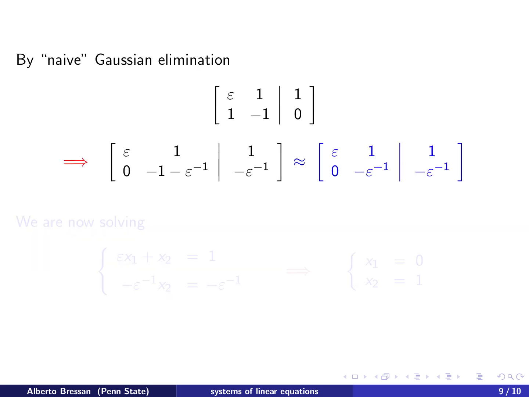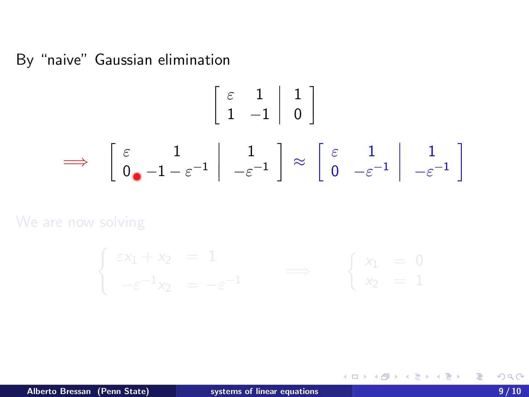Let's see. Now let's carry out what we called naive Gaussian elimination, meaning that we just take the equation as it is and we just pivot whatever number happens to be there. So the epsilon will be the pivot. What you do is multiply the first equation by epsilon to the power -1, meaning 1 over epsilon, negative of that, and add on top of the second one.